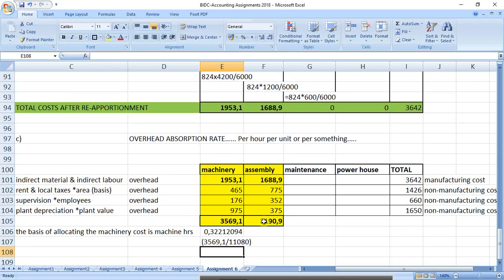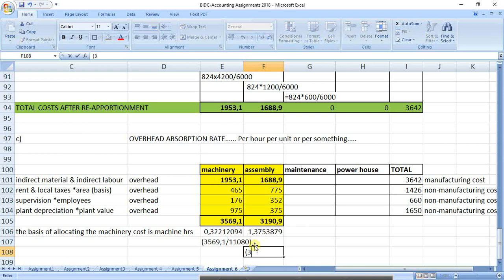Okay, then assembly. What determines the assembly's rate in terms of absorption? What are you going to do in assembly? You're going to be using the machines to assemble. Same story. Okay, same cost divided by, what is the hours? 2320. Okay, 1.37.